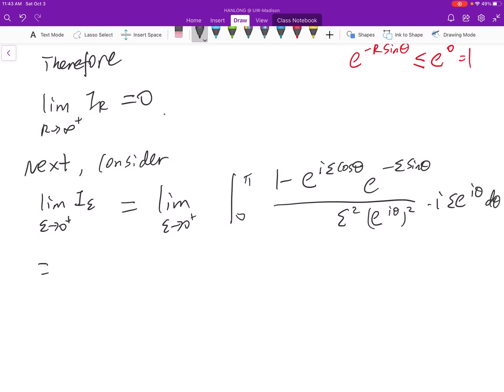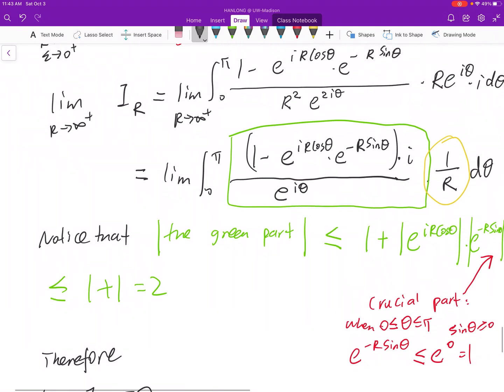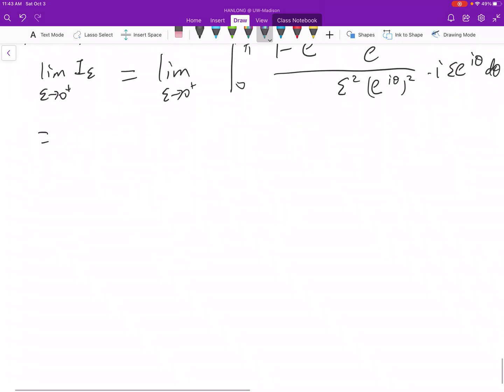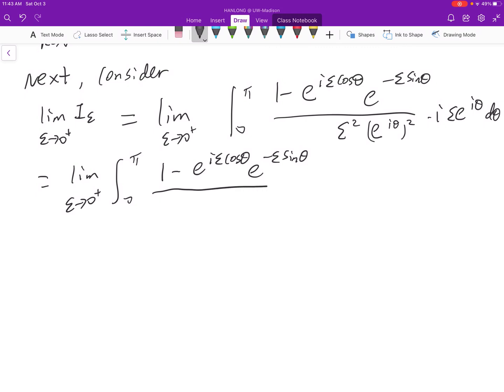You just change capital R to epsilon in the above formula. Okay, now simplify. You have 1 minus exponential i epsilon cosine theta, exponential minus epsilon sine theta, over epsilon e^{iθ}, times i d theta.